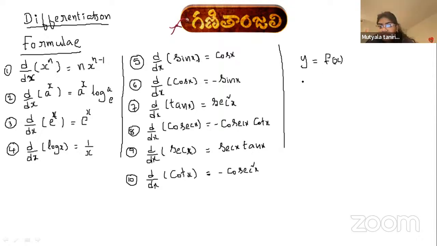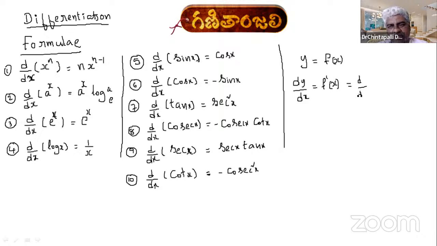And these are all same: dy by dx, f dash x, d by dx of f of x, and y dash, sometimes y1.